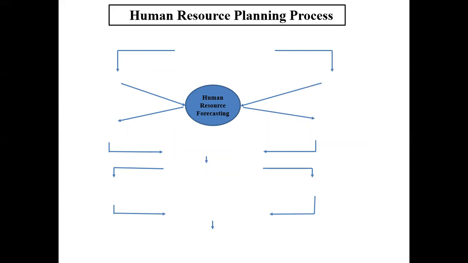So I have explained what human resource planning is, and I indicated that essentially it refers to the processes that help the HR manager to ascertain the number of human resources that will be required to perform a given task, the quality of these human resources. And when I say the quality, it means the skills, competencies, and experiences that they must possess.